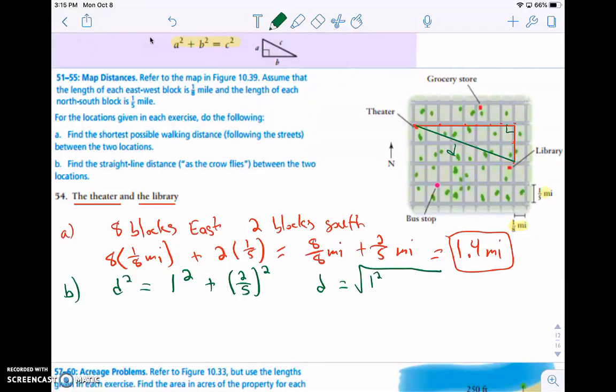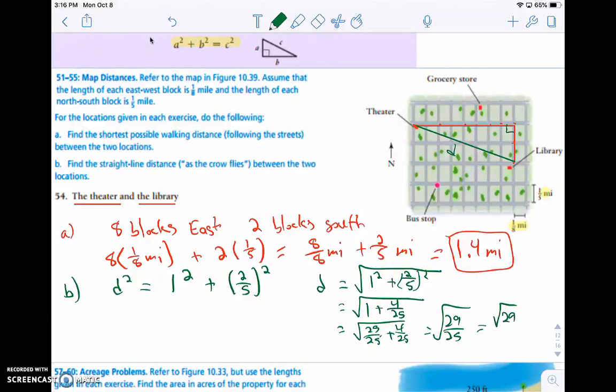So distance equals the square root of 1 squared plus 2/5 squared. 1 squared is 1, plus 2/5 squared, that'd be 4/25. If I get a common denominator, that would be 25/25 plus 4/25, which is the square root of 29/25.